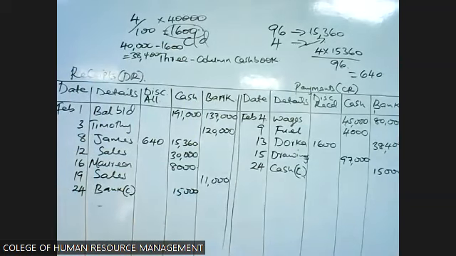On the 25th, settled Akinyi's account 60,000 by check, less 1,800 cash discount.